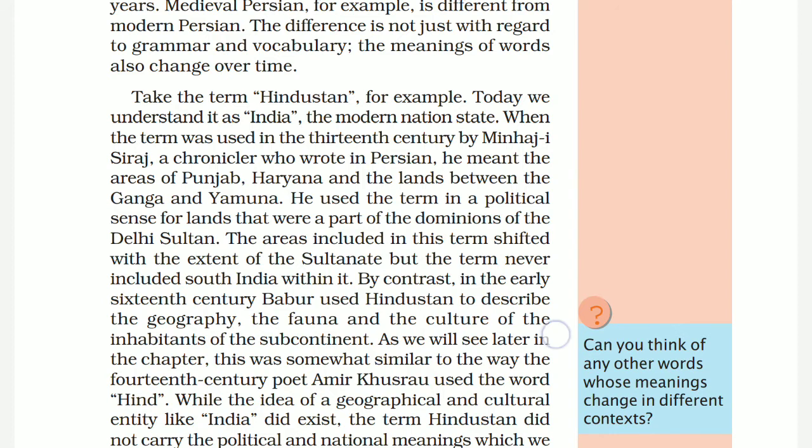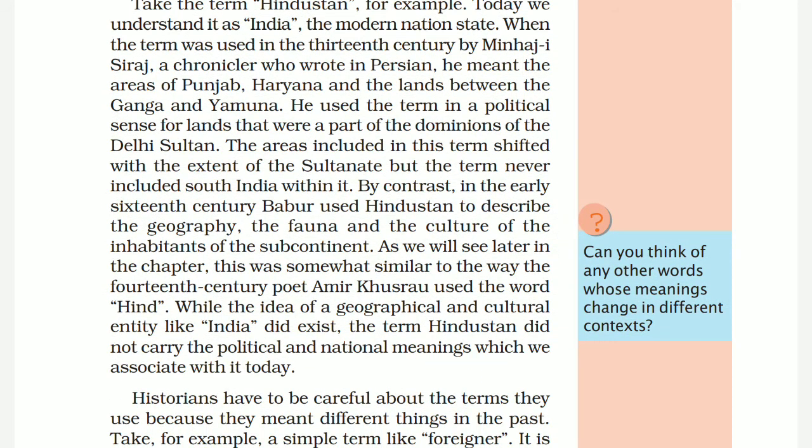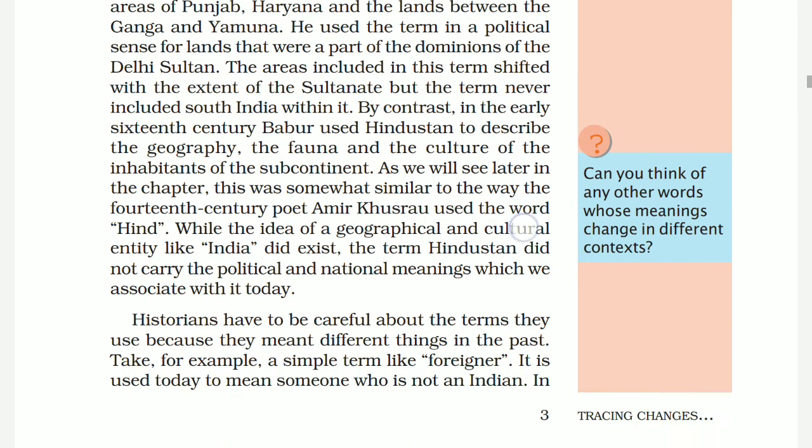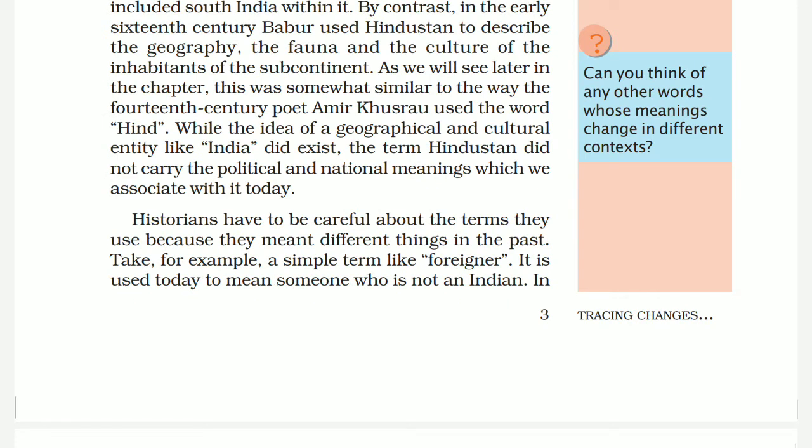While the idea of a geographical and cultural entity like India did exist, the term Hindustan did not carry the political and national meanings which we associate with it today. Right? So every person in history used Hindustan for a particular part of India, not the whole India as we know it now. Historians have to be careful about the terms they use because they meant different things in the past.